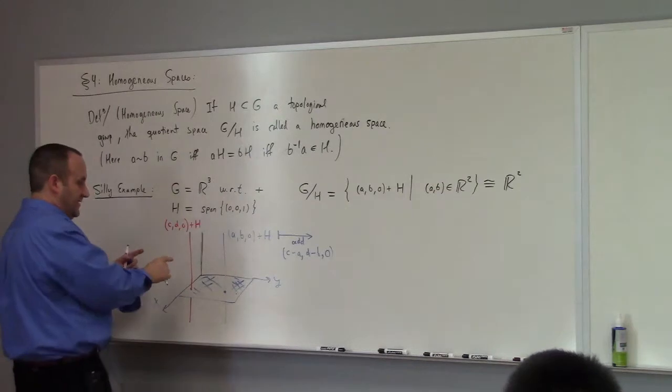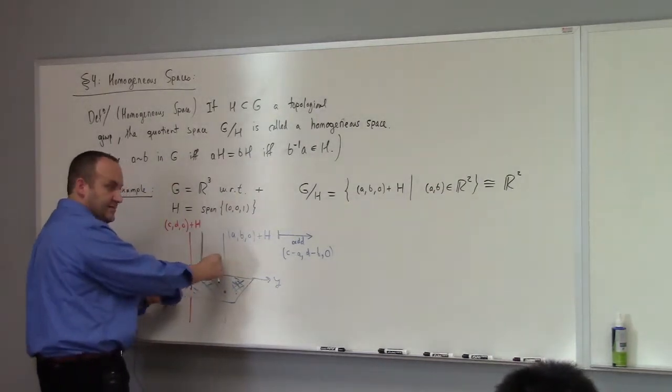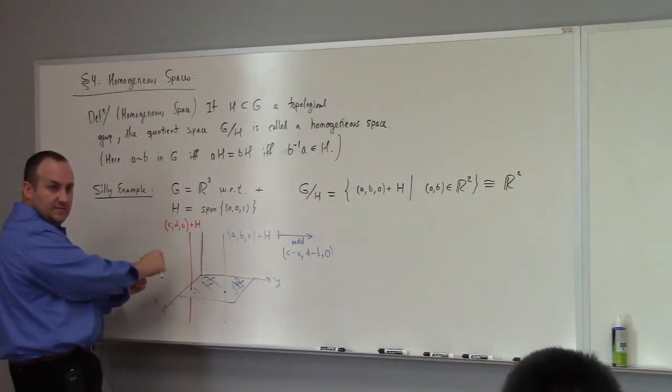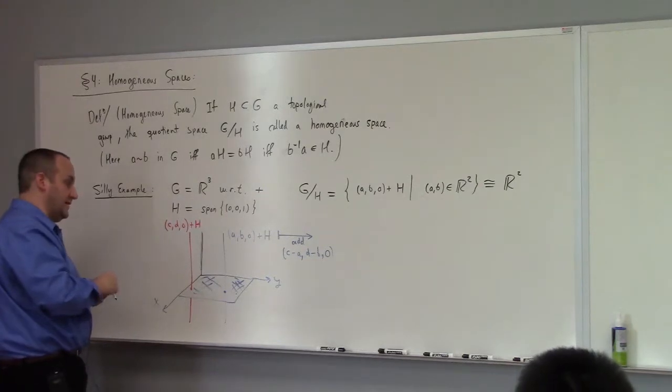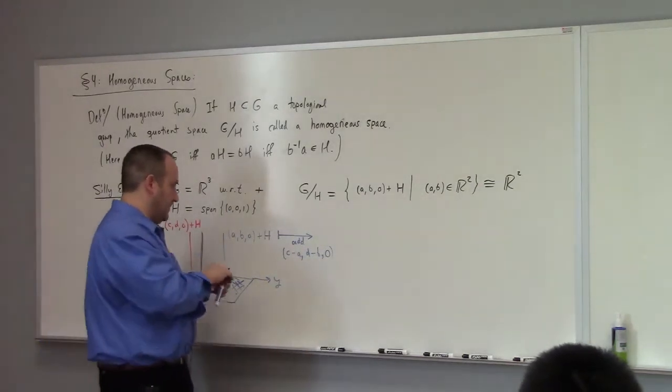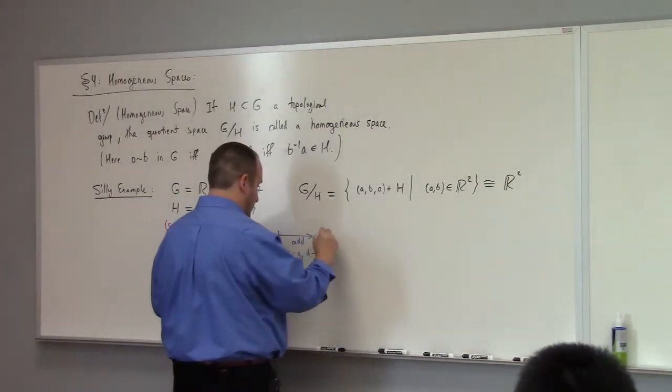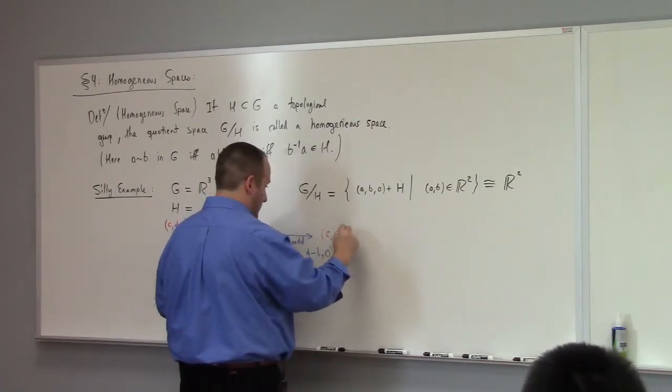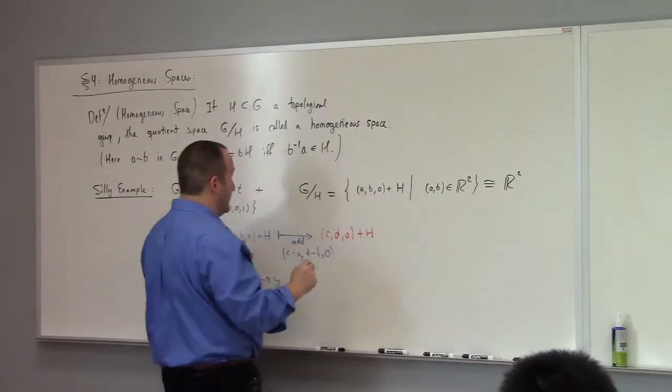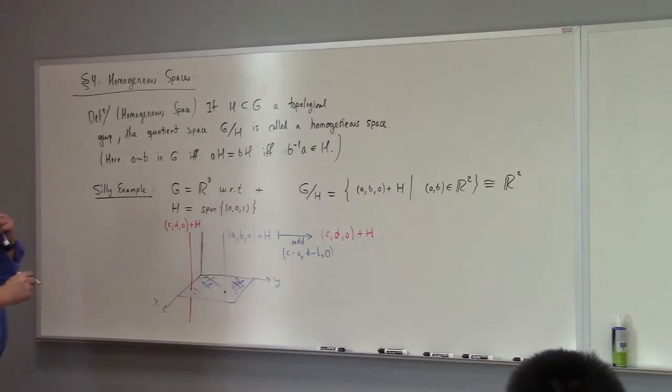That would shift this guy over to that guy, which shows that the induced action of the big group, additive R^3, acts transitively on the cosets here.